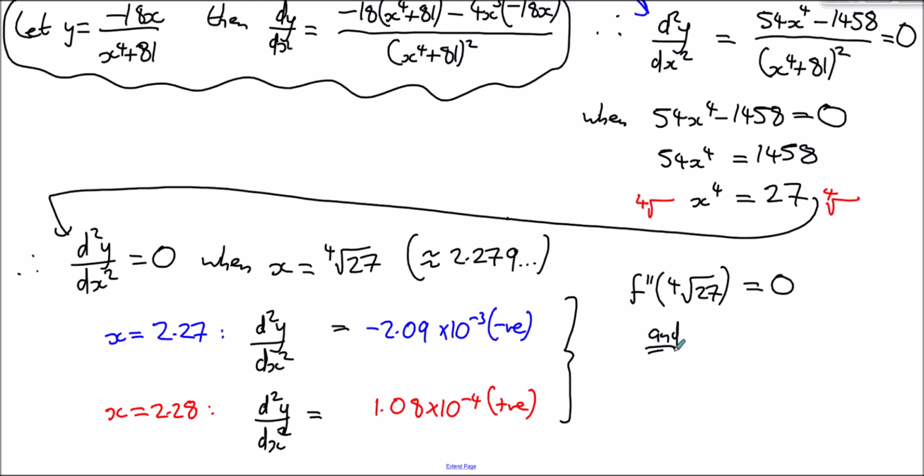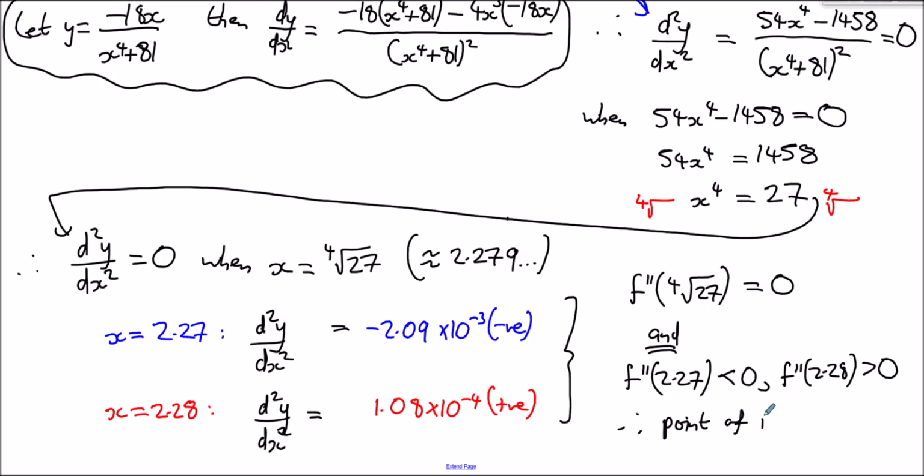And just before, f dash dashed of 2.27 was negative, f dash dashed of 2.28 changed sign to positive. Therefore, there's a point of inflection at the point where x is the fourth root of 27. And so that's done.